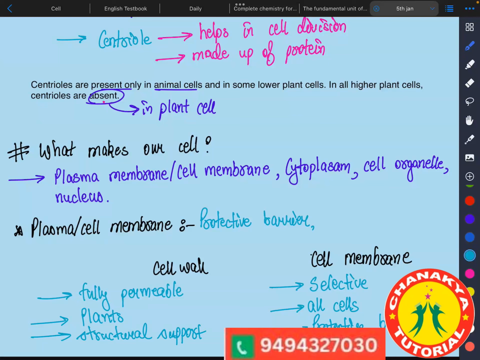So the cell membrane separates the inner part of the cell from the outer part of the cell. Cell wall is permeable, it allows everything to pass through it, whereas cell membrane is selective. Cell membrane is present in all cells, whether it is plant cell, animal cell, or any kind.